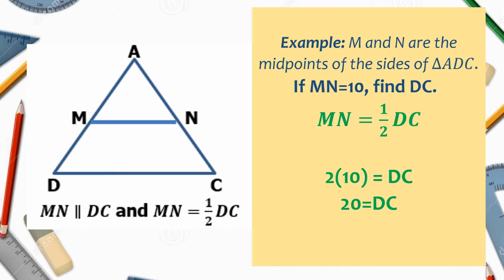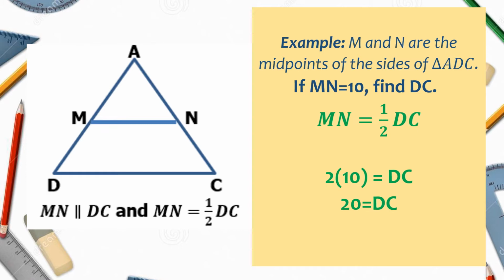So, mula nung dumating itong midpoint M kay AD, meron na tayong AM is equal to MD. Para naman kay N, AN is congruent to NC, kung saan AD is equal to AM plus MD at si AC naman equal sa AN plus NC.